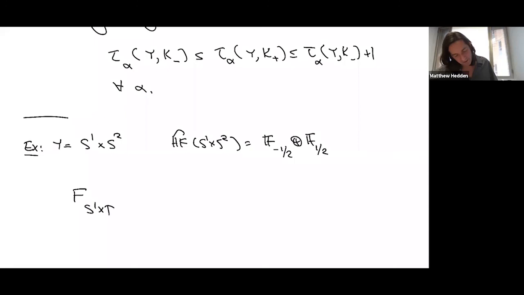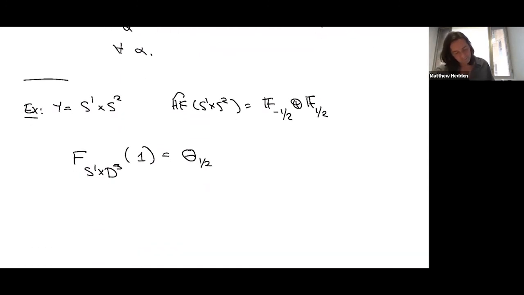I can look at S1 cross D3, puncture it to view it as a cobordism from the 3-sphere to S1 cross S2. This cobordism maps to theta 1/2, the upper generator, and S2 cross D2 maps to the lower.